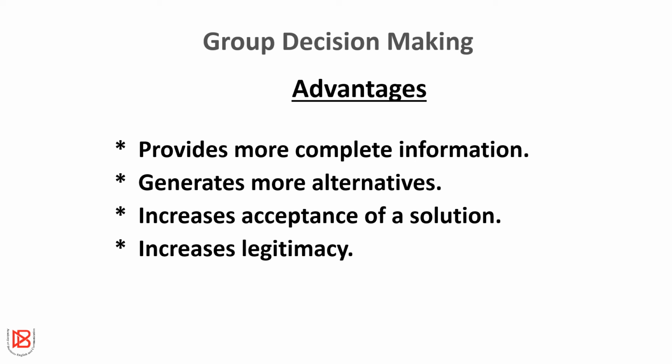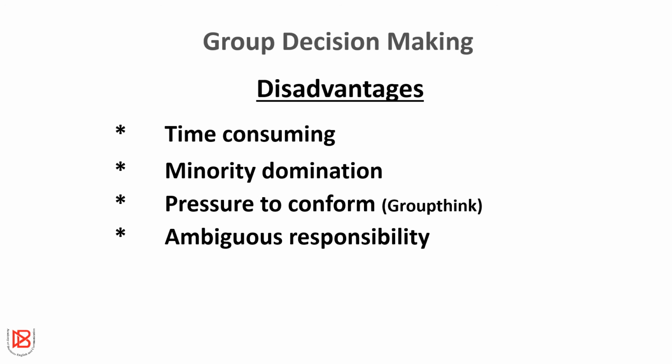It generates any number of alternatives since people are giving different feedback, different points of view, perspectives, and so forth. So there is bound to be an enhancement in the number of alternatives. Increased acceptance of a solution increases legitimacy, which is what we are looking forward to.